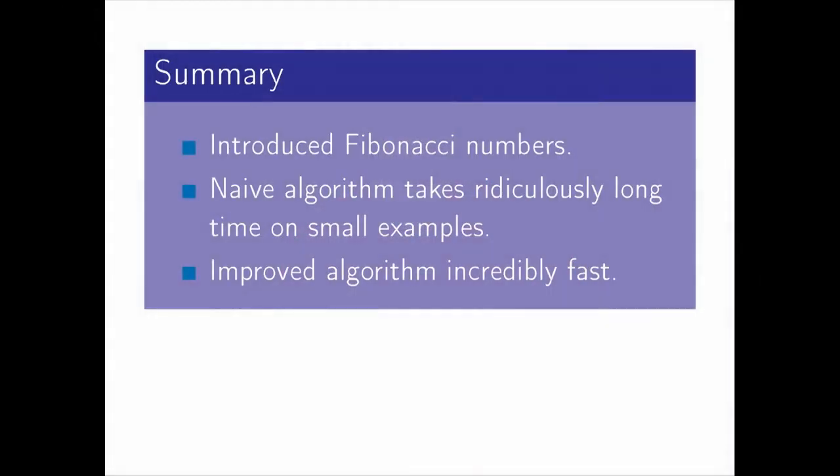In summary, in the last few lectures we've talked about the Fibonacci numbers and introduced them. We've come up with a naive algorithm, a very simple algorithm that goes directly from the definition, that unfortunately takes thousands of years, even on very small examples, to finish. On the other hand, the algorithm we just saw is much better.